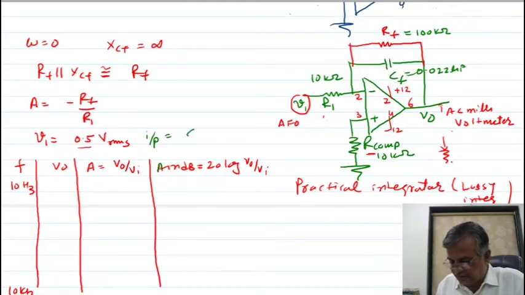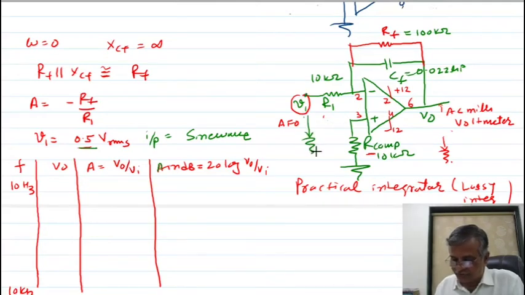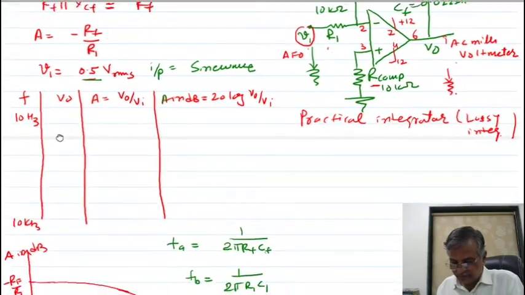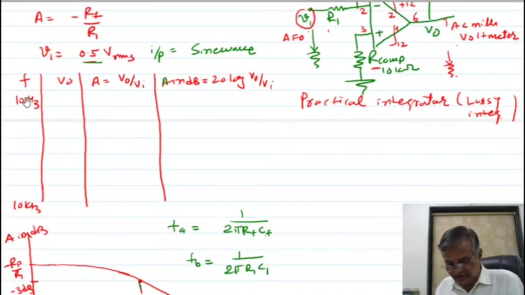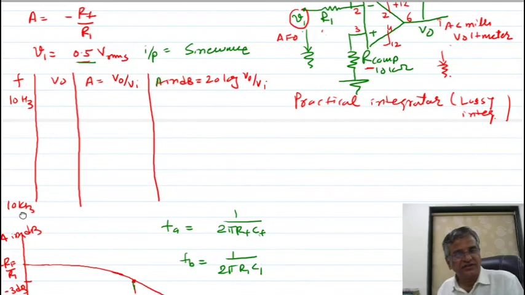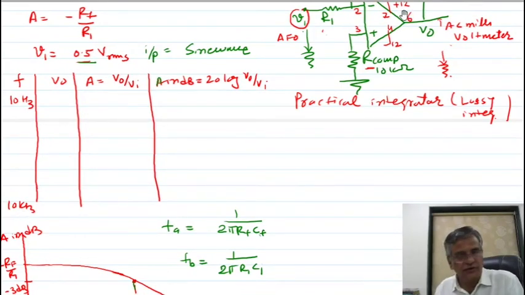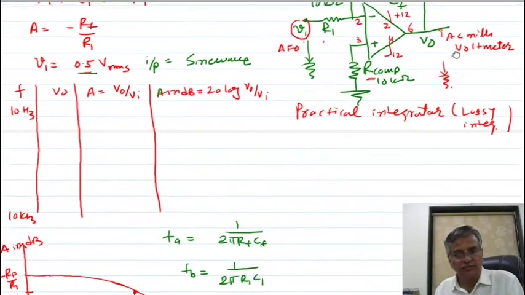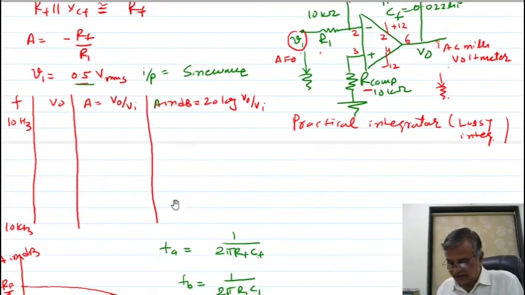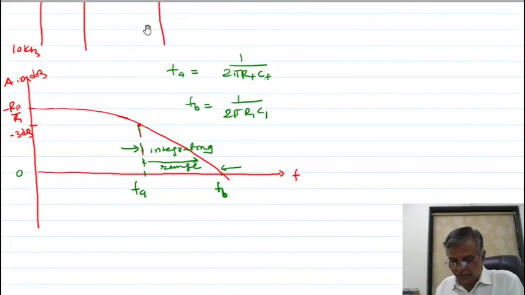Vary the frequency, with respect to ground, it is to be understood, from 10 hertz to 10 kilohertz, or you can move according to the values you have selected. Measure the output voltage from the CRO or this AC voltmeter. Find the gain in dB. Then plot the graph of gain in dB versus frequency.